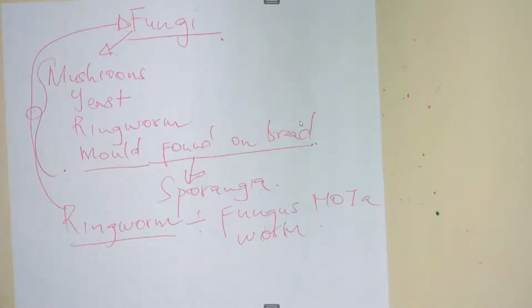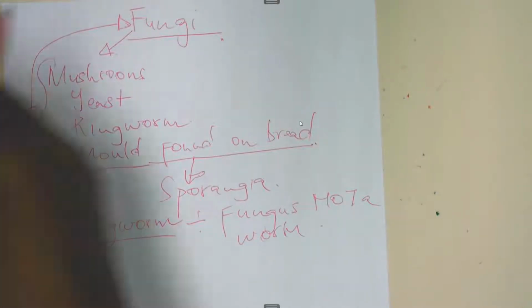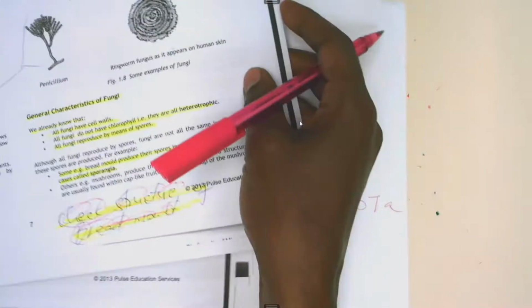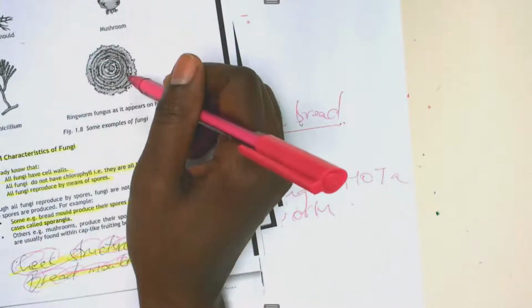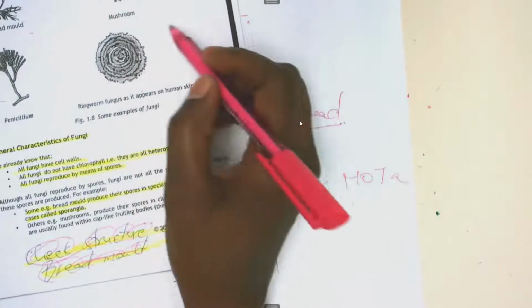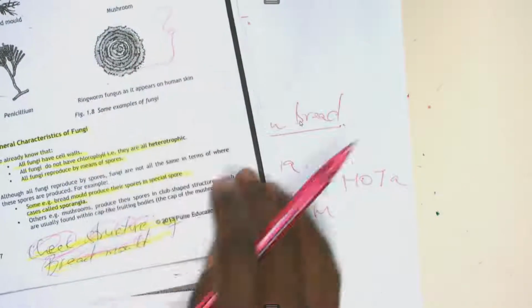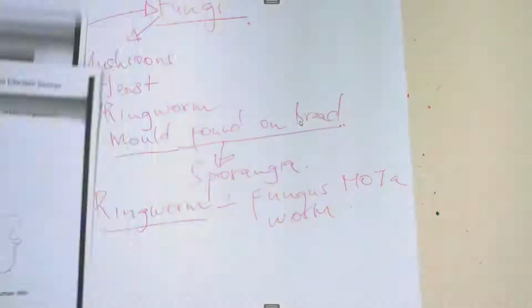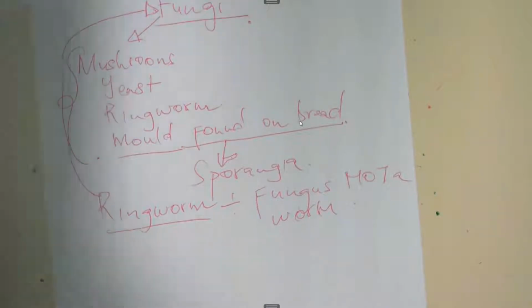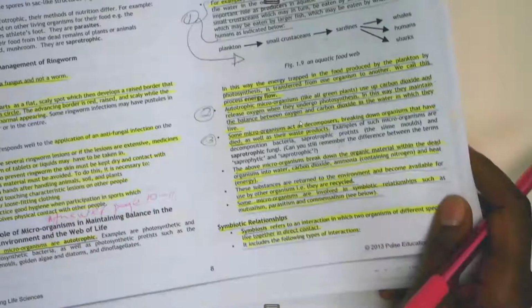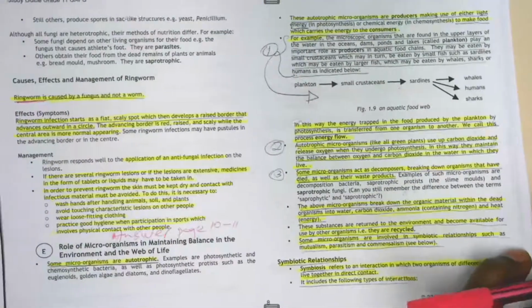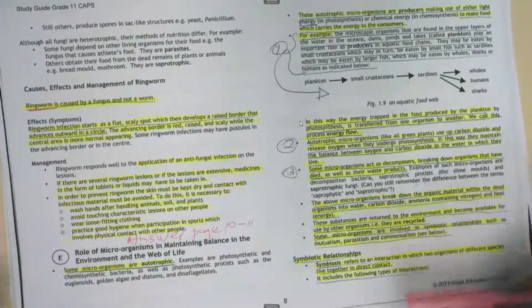So when we go back to the diagrams of the fungi, this is how the ringworm looks like. Here is the structure of a ringworm.